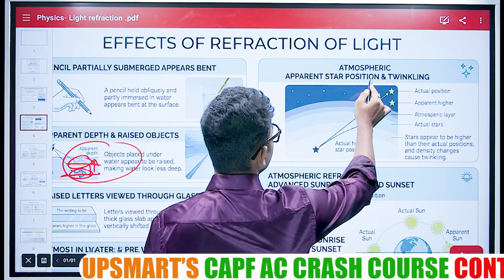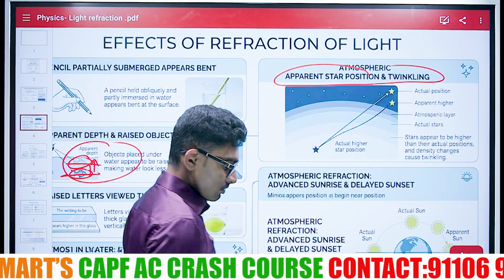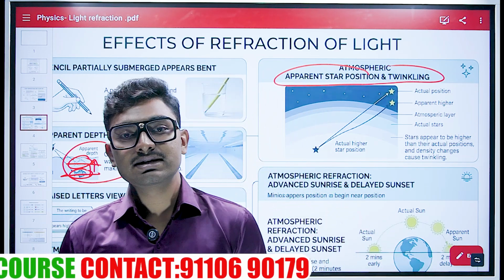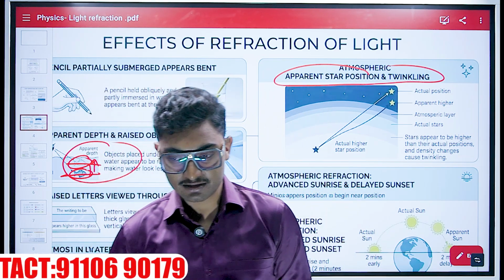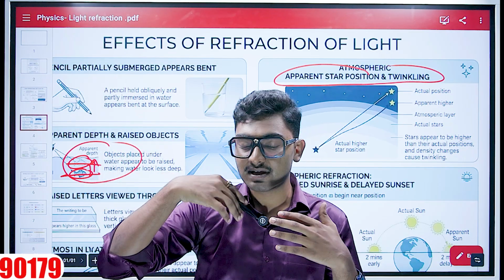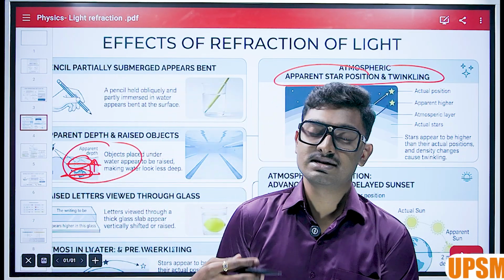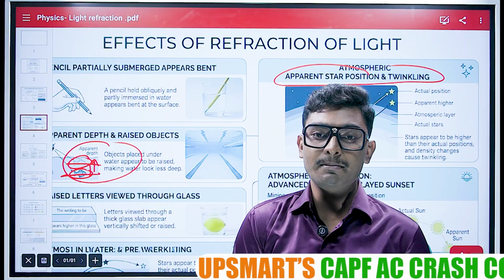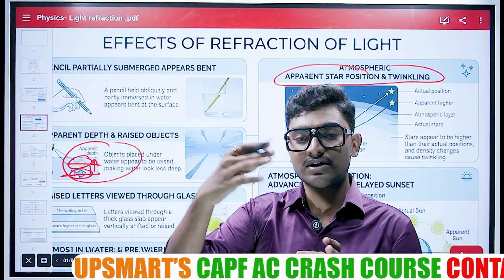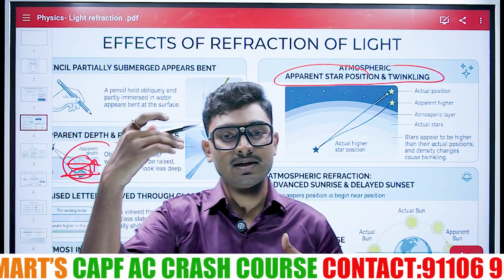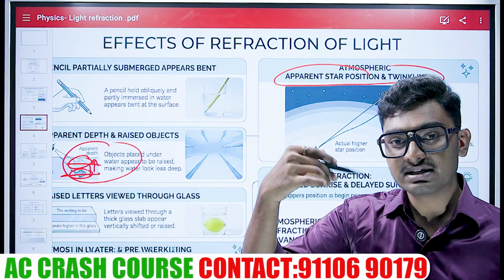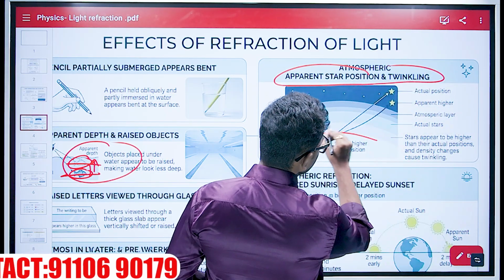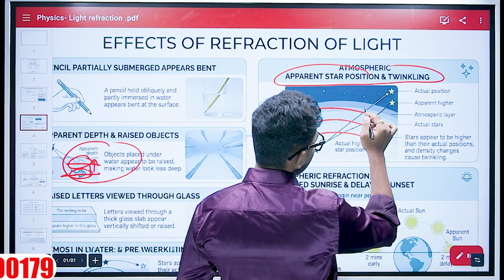Atmospheric twinkling of stars. You have heard about the twinkling of stars. What it basically means is that stars are at a very far distance from us. As there is a very large distance, the density of air changes at every level: ionosphere, mesosphere, stratosphere, thermosphere.